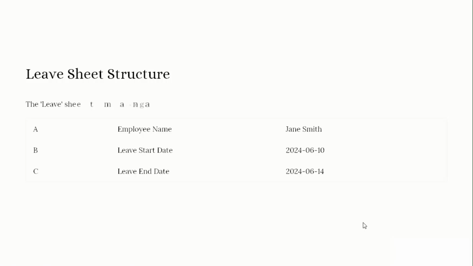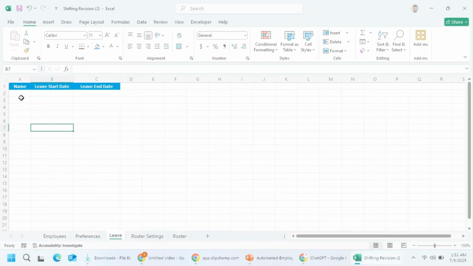Leave sheet structure. The leave sheet manages employee absences, preventing scheduling conflicts. It requires column A, employee name; column B, leave start date; column C, leave end date. Accurate leave data ensures employees are not assigned shifts during their approved time off.